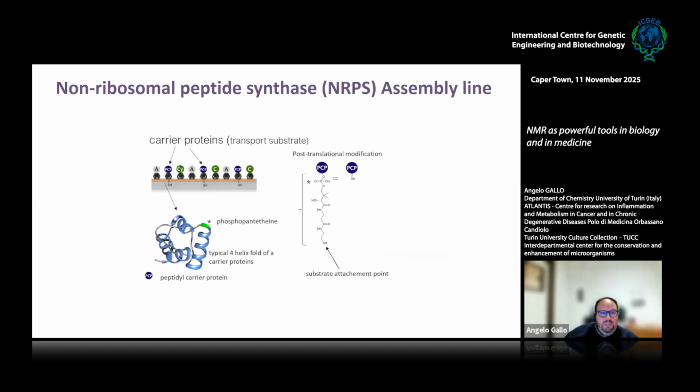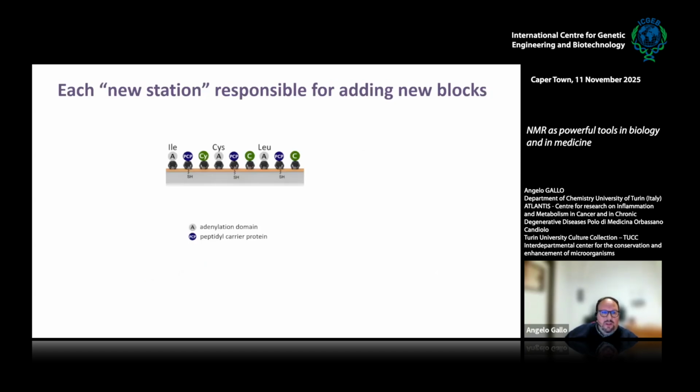Typically, this carrier protein is a small 4-helix bundle. There is a serine to which is attached this phosphopantetheine. It's basically the arm that is transferring the substrate between the units. So let's have a look at how this unit works. For example, we have the adenylation site where we have isoleucine, cysteine, and leucine.